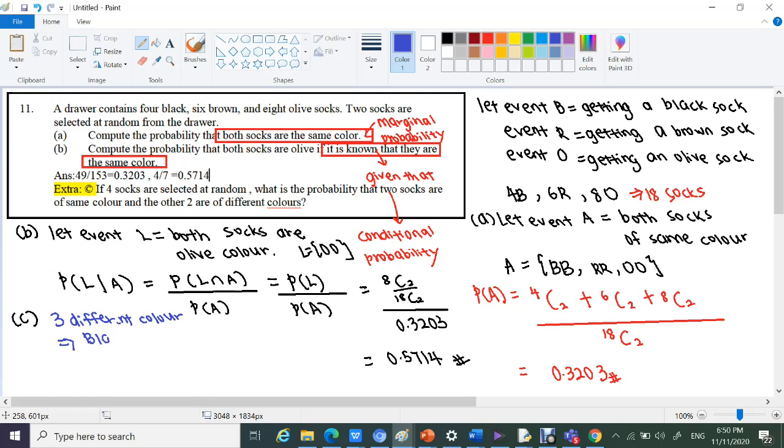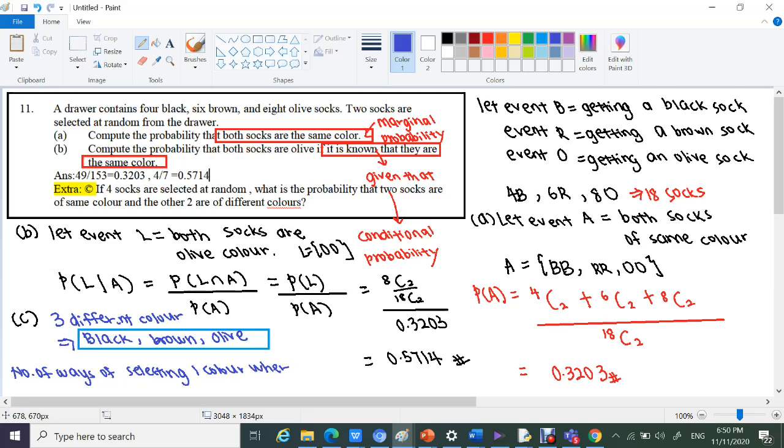We have black, brown, and also olive. These are the 3 colors that we will have. And then we are going to count the number of ways of selecting one color where 2 socks are taken, right?